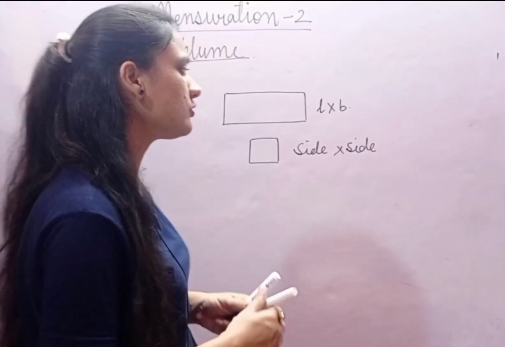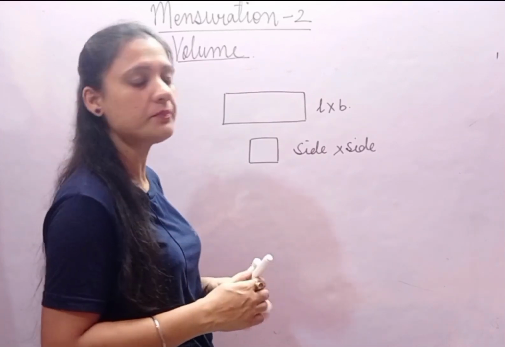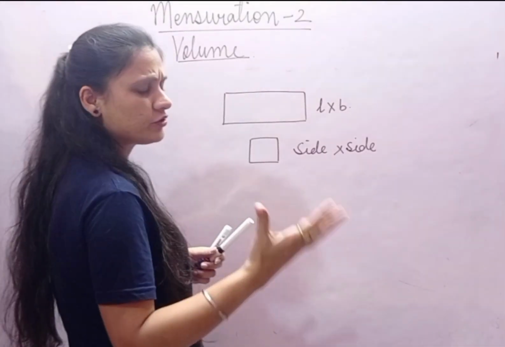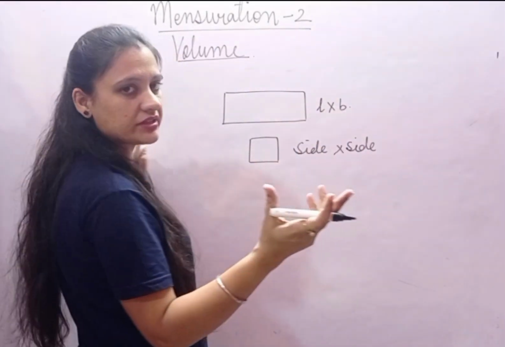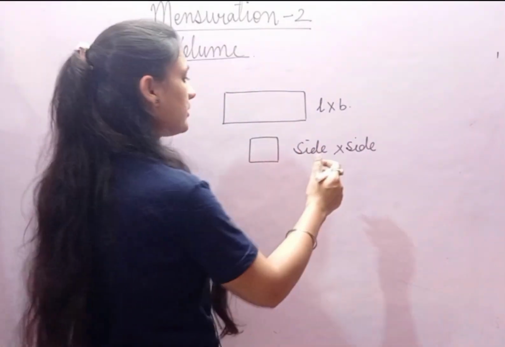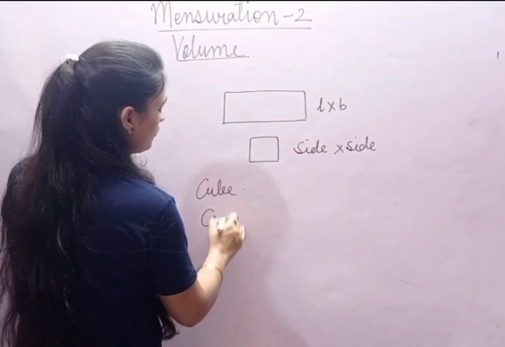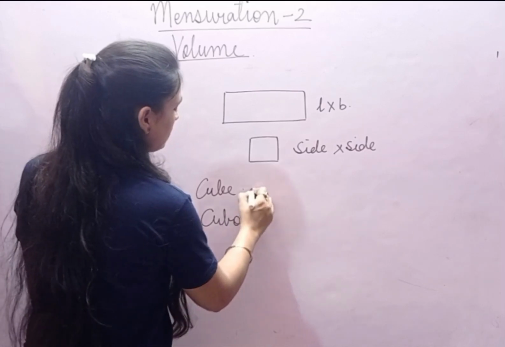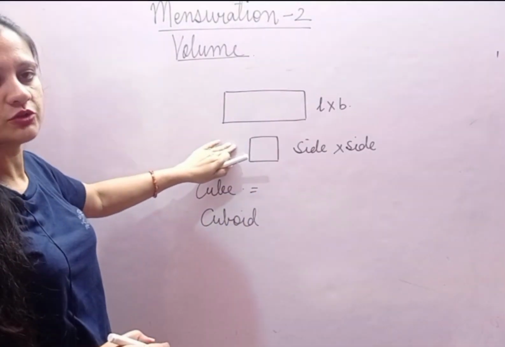So how do we find the volume, the space enclosed by a 3D shape or 3D box? A cube, cuboid or cylinder will have three dimensions, that is why we call it three dimensional. To find the volume of a cube and cuboid, you know that a cube is formed out of a square.